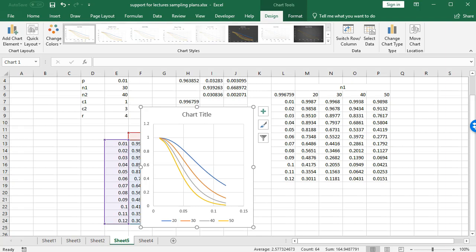The book offers these same formulas, but it doesn't offer the automation through Excel. So here you have it, and I hope you find it useful.